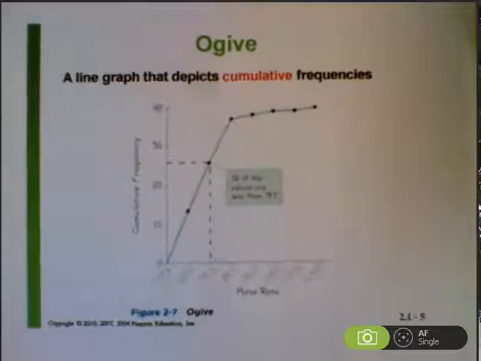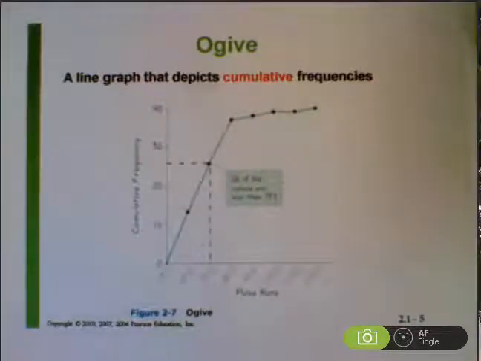An ogive would give a picture of a cumulative frequency distribution. Remember, for cumulative frequency distributions, they don't show how many people fall in this class, they show how many people fall below this class.